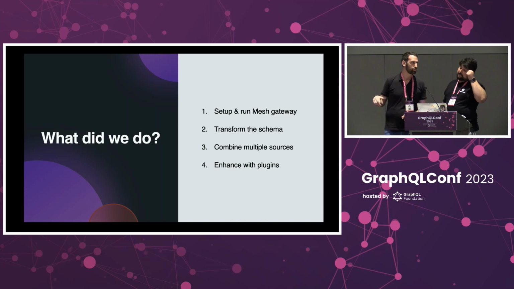We transformed this source to be more readable, and then we introduced another data source, a JSON schema one, and stitched them together into one type, easily consumed from the client side. Afterwards, we added a plugin to it, in this case a caching plugin, and we've got a working API with those capabilities included.